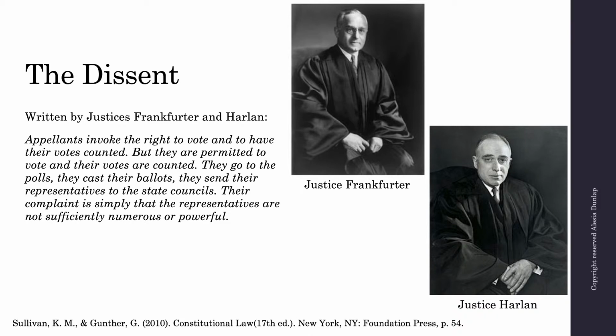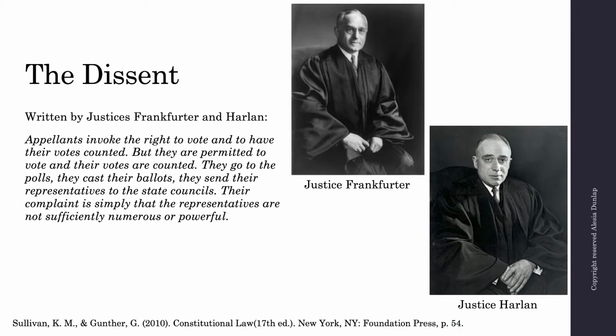There was a dissent in this case by Justices Frankfurter and Harlan, and they stated that appellants invoke the right to vote and to have their votes counted, but they are permitted to vote and their votes are counted. They go to the polls, they cast their ballots, they send their representatives to state councils.